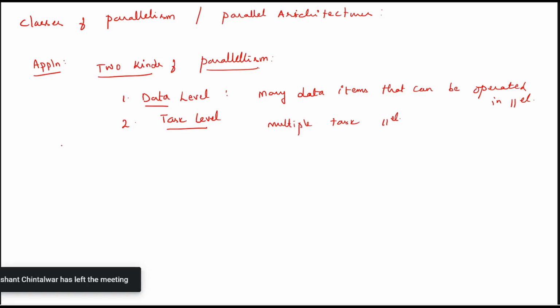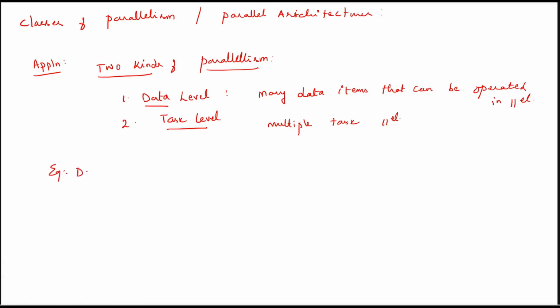Data level parallelism: many data items operated in parallel. Let's take matrix addition as an example. Assume a 3 by 3 matrix that we need to add.